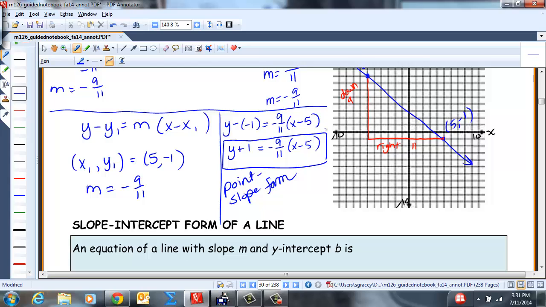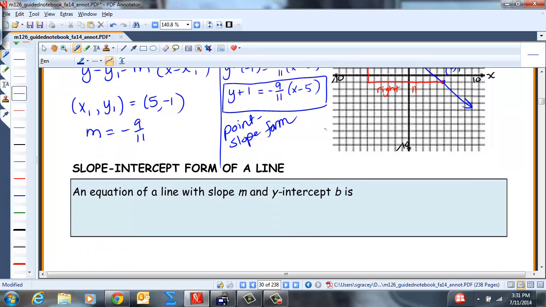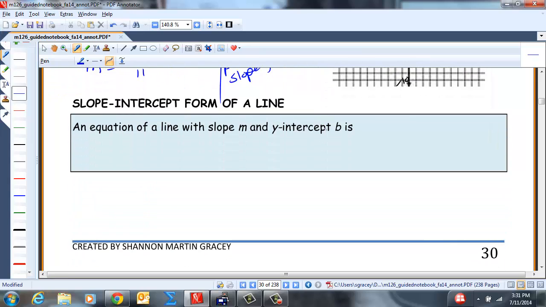Okay, so slope-intercept form. The slope-intercept form means that the y-intercept, the ordered pair for the y-intercept, was (0, b).